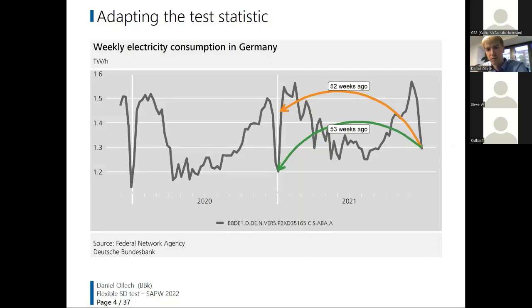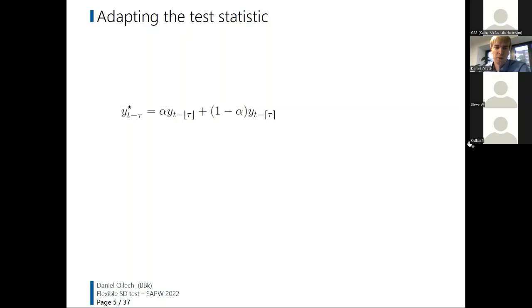Because we have 52 point a little bit weeks a year, the seasonal signal more or less moves a little bit from year to year. So what we can straightforwardly do is combine the observations in week 52 and week 53 and use that to compute the correlations.